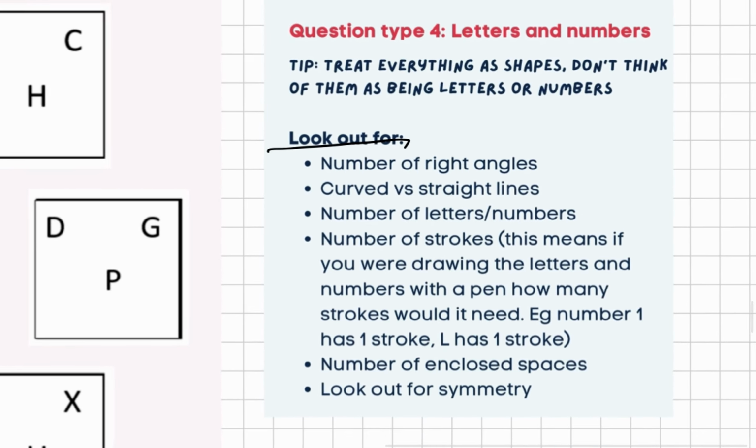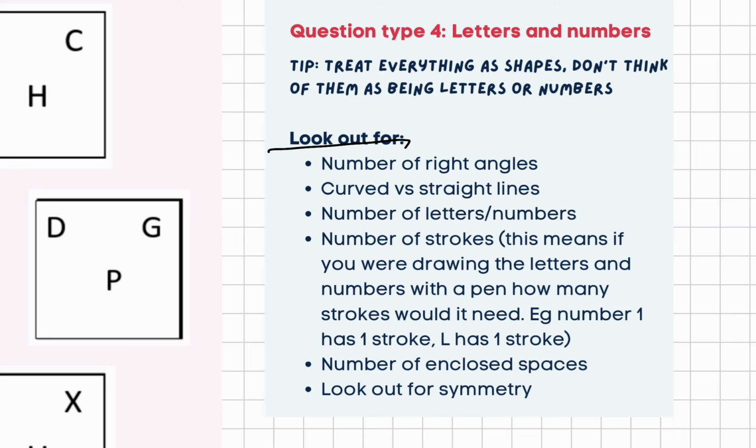So the main things you want to look out for is number of right angles, curved versus straight lines, so like curved versus straight looking shapes, number of letters and numbers. I know it says letters and numbers here, but basically number of shapes, number of strokes. So this basically means, if you were to actually draw the letter or number out, how many pen strokes would it take?